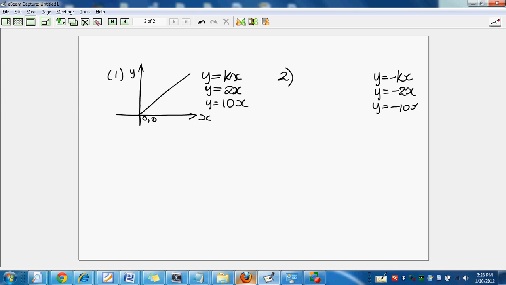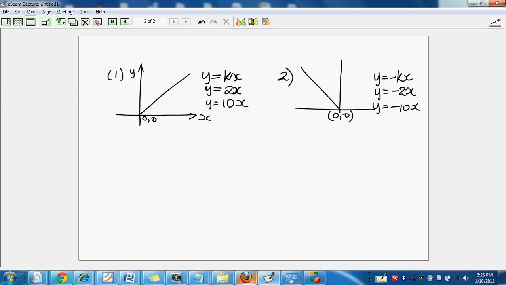Okay, so if we were looking at one where the gradient was negative, then what we would do is realize that the graph would go in this direction now. Instead of sloping as shown in the first diagram, it would be sloping as shown in the second diagram. Right? Again, it would pass through the origin, 0, 0.